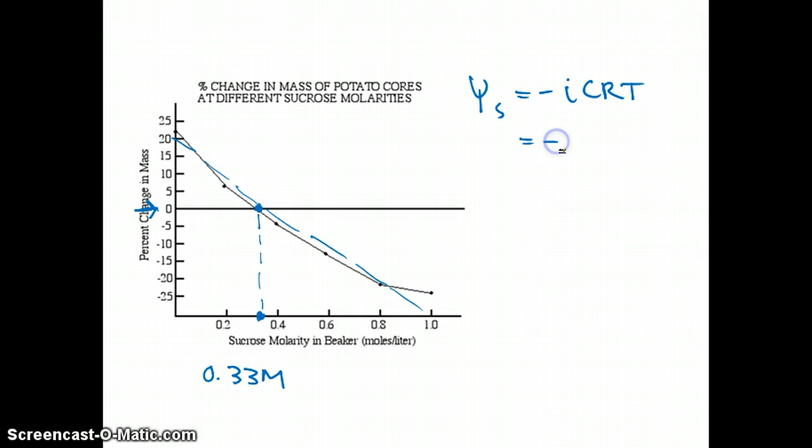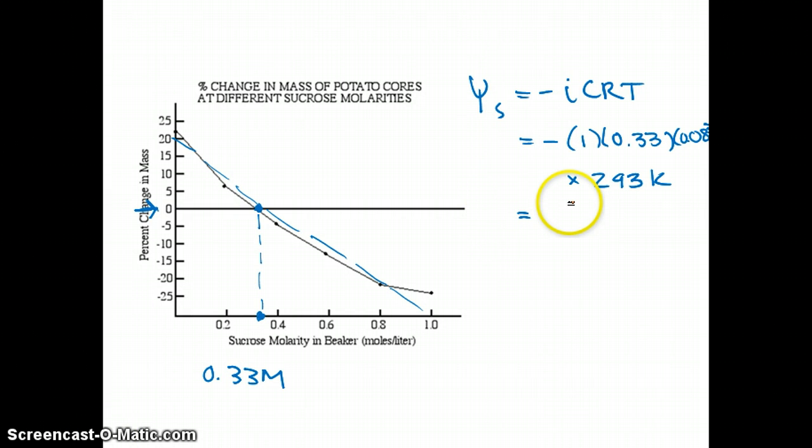And you would get negative, remember i is 1, times 0.33 times 0.083, times, let's say we have 293 kelvins.